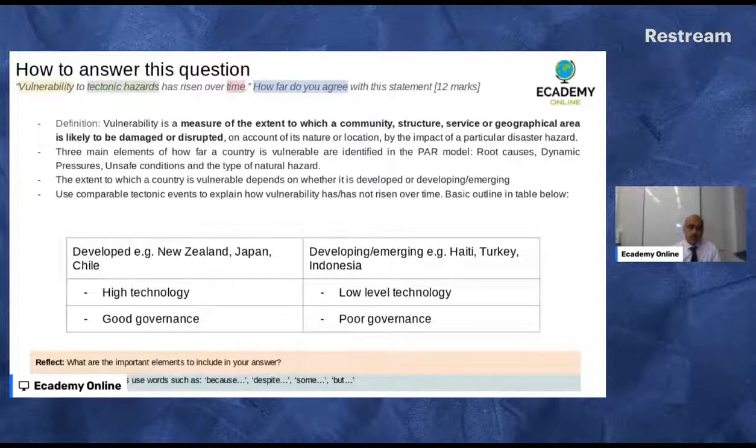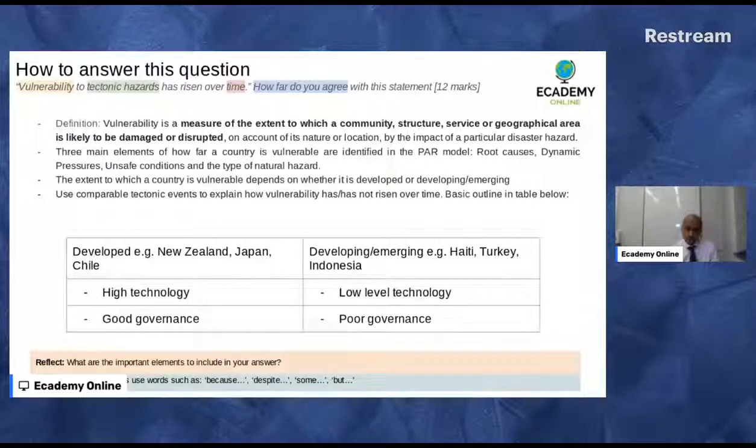So definition, right? Vulnerability is the measure of the extent to which a community, structure, service, or geographical area is likely to be damaged or disrupted. Words to that effect, established at the beginning, very important, right? So you may put that in the context of a case study that you are going to go on to talk about.